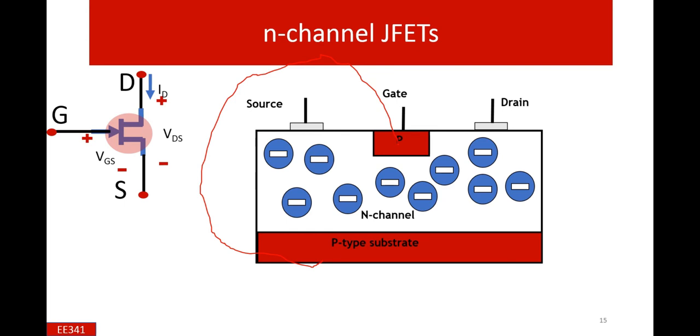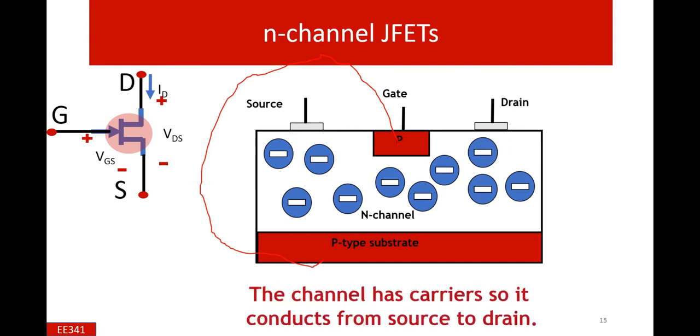If we change the gate width, which actually changes with the variation of potential, then the N channel varies. So the flow of electrons is like this.